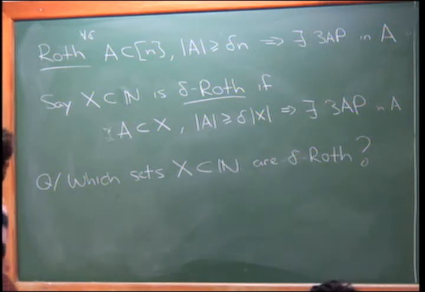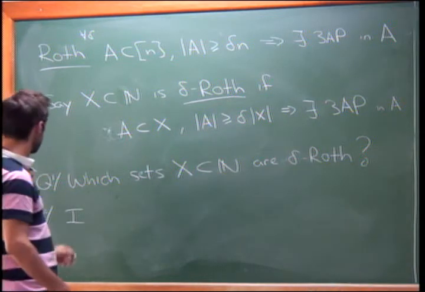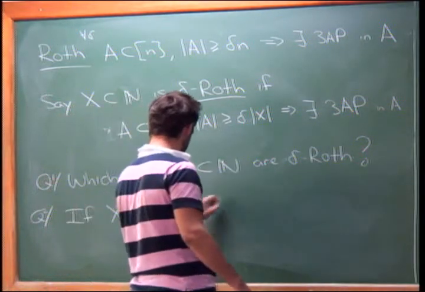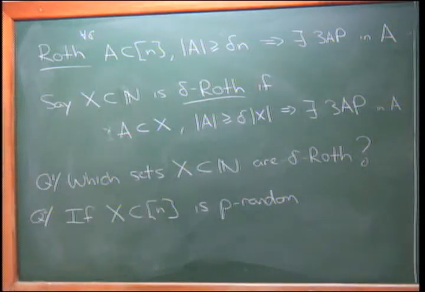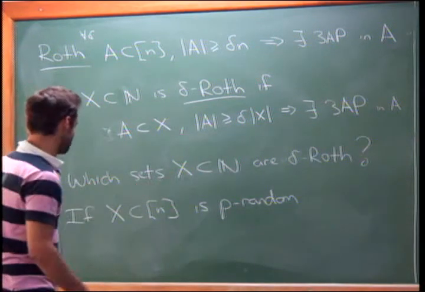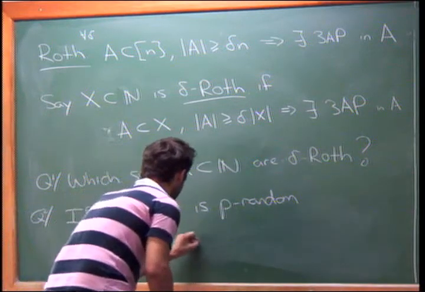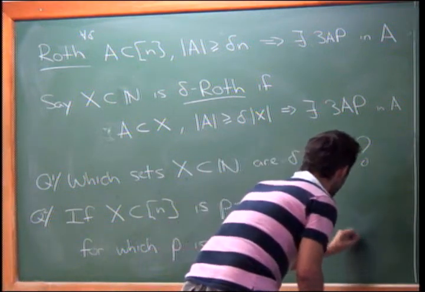That's question 1, and question 2: if X is a p-random subset of 1 up to n, so take each element of 1 up to n independently with probability p, for which p is X likely to be delta Roth, let's say with high probability?